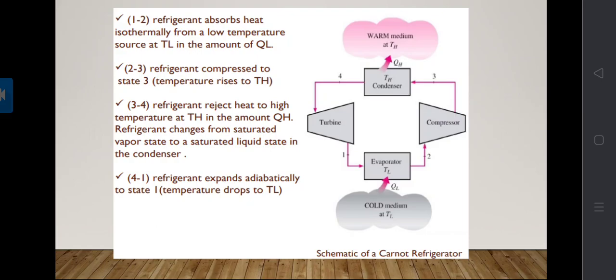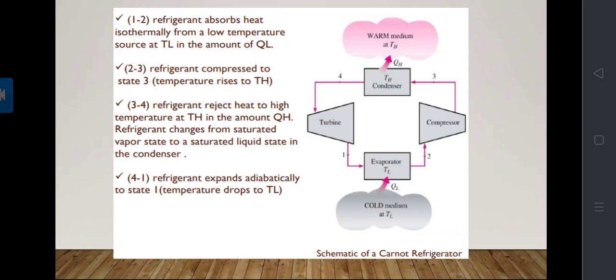And in 2 to 3 there is a compressor, so the refrigerant is compressed to state 3, where the temperature rises to TH. At 1 to 2 the refrigerant absorbs heat, and at 3 to 4 the refrigerant rejects heat to the high temperature TH, and the amount of heat rejected is QH.